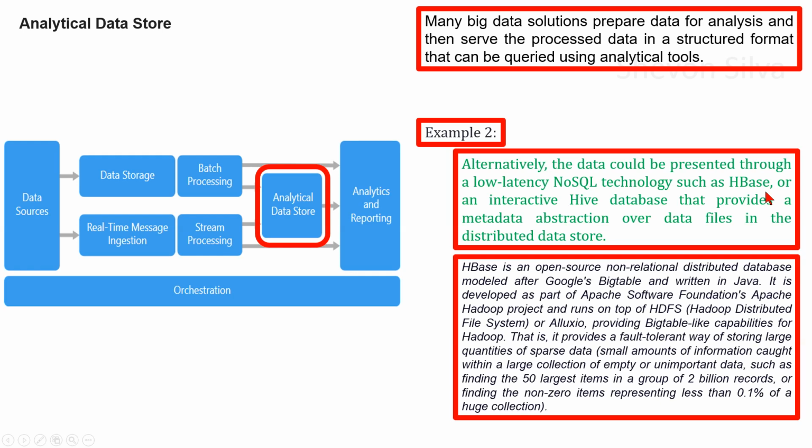That is, it provides a fault-tolerant way of storing large quantities of sparse data, a small amount of information caught within a large collection of empty or unimportant data, such as finding the 50 largest items in a group of 2 billion records or finding non-zero items representing less than 0.1% of a huge collection.